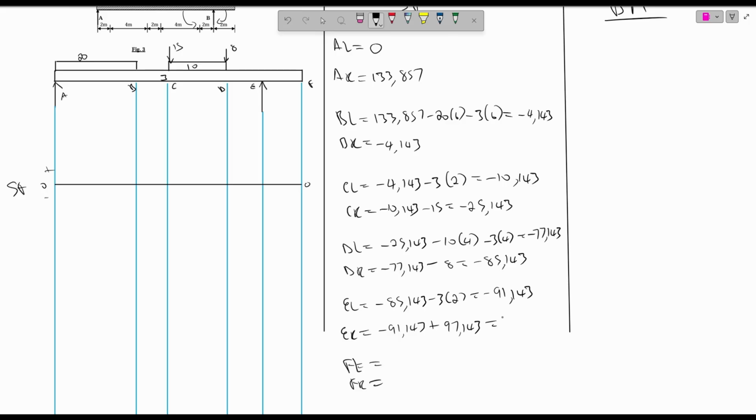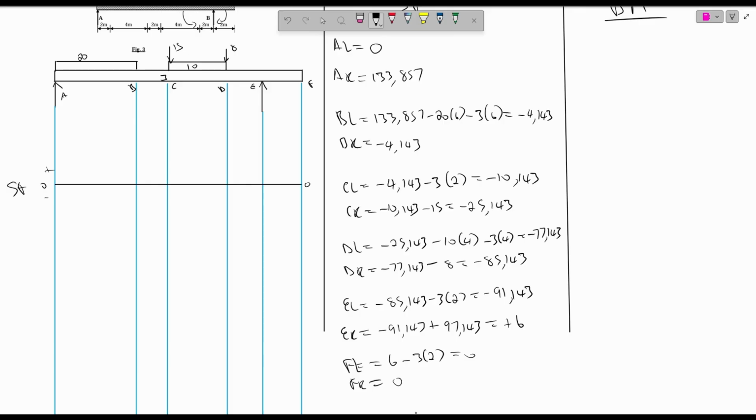Then we get a positive 6. F left we have our 6 minus 3 times 2, which is the UDL. That's here. We get 0.